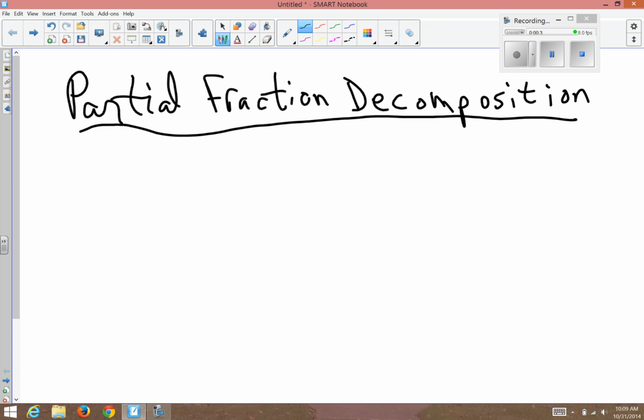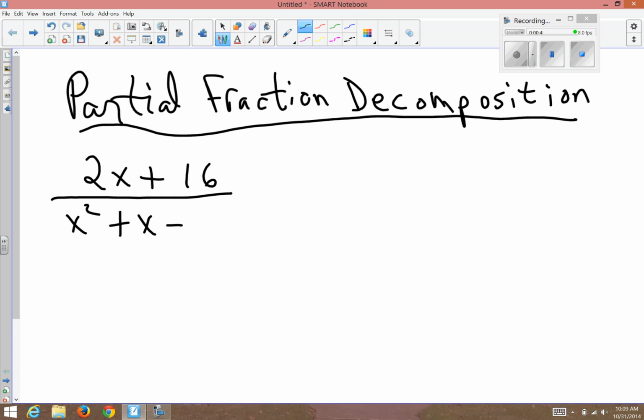Partial fraction decomposition is when we take a fraction like 2x plus 16 over x squared plus x minus 6, and we find some fractions that add up to this fraction.